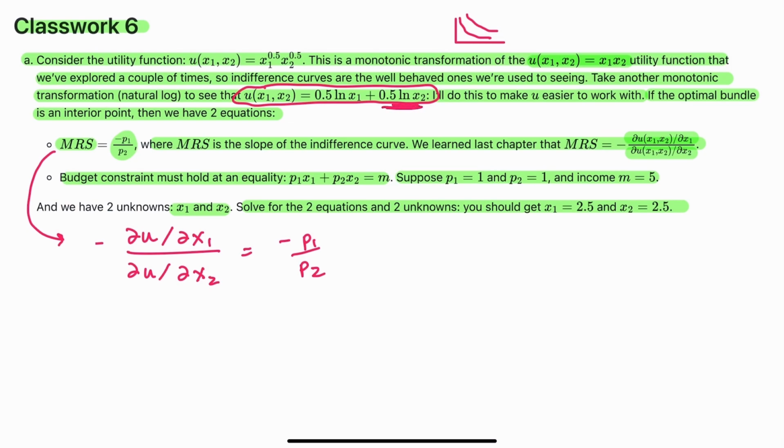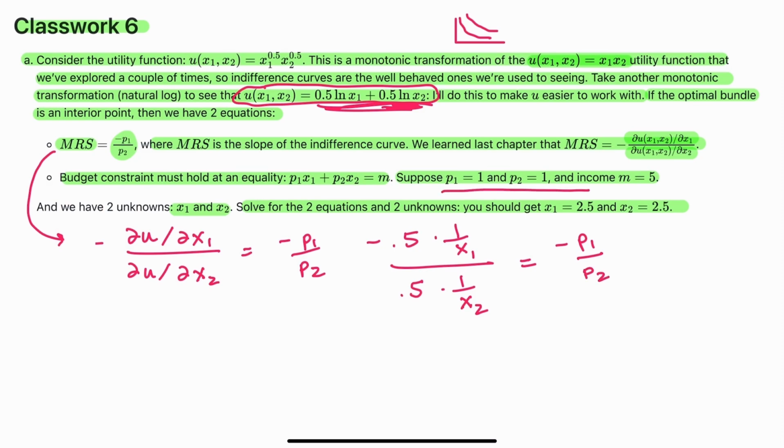This is a constant, so we'd ignore it. We'd have 0.5 times 1 over x1 divided by the partial of this with respect to x2. Same thing, but with x2, 0.5 times 1 over x2. That's going to be equal to, and then there's a negative out in front, negative P1 over P2, which in this case, P1 is 1, P2 is 1, so that'll be negative 1.